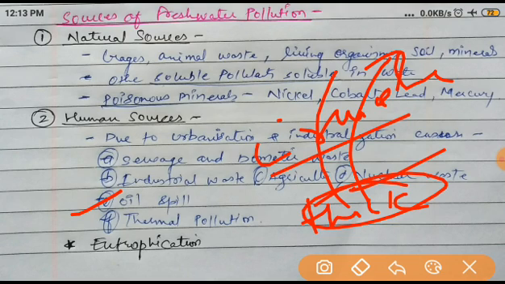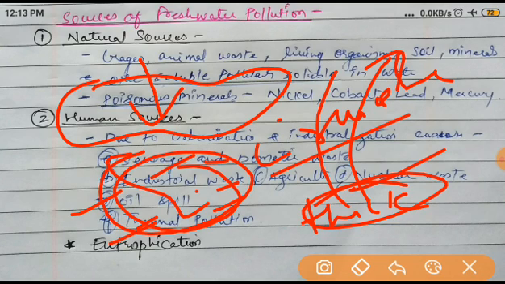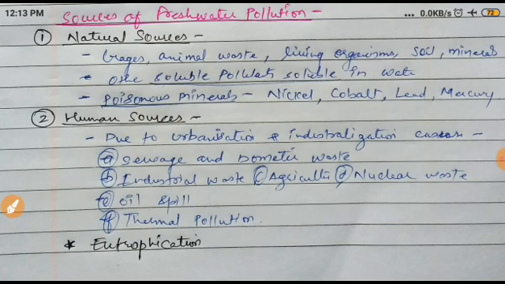Now, what will happen if this oil is spread on the surface of the water? The penetration of oxygen inside the water is very less, and due to the lack of oxygen inside the water, the marine life, the fishes, the different animals, and plants are not getting the proper amount of oxygen, and that's why they are dying. So that's why it is very harmful.